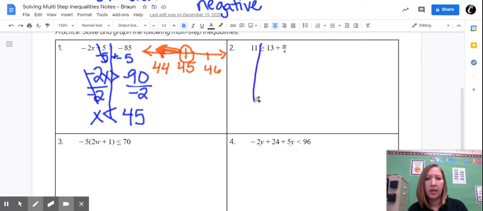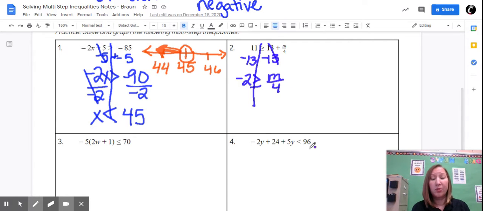So I'm going to draw my line, and then I am going to subtract 13 from both sides. My 13s over on the right cancel out, and 11 minus 13 is going to leave me with negative 2 is greater than or equal to m divided by 4.